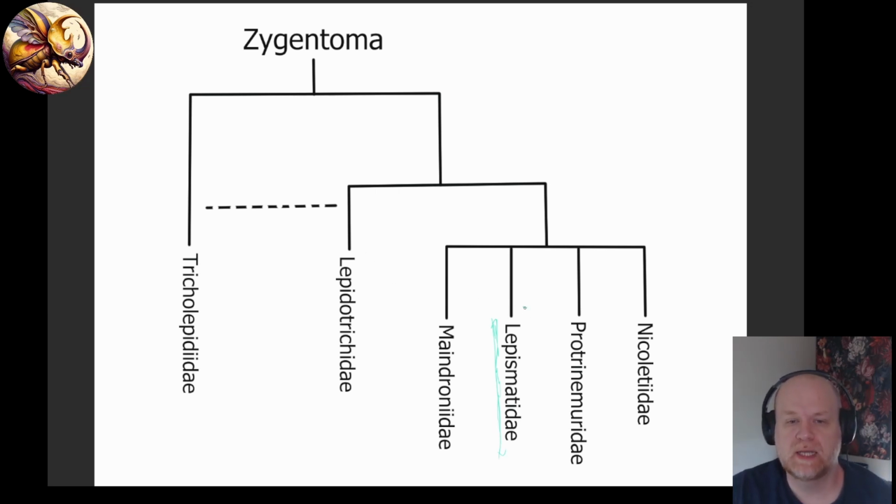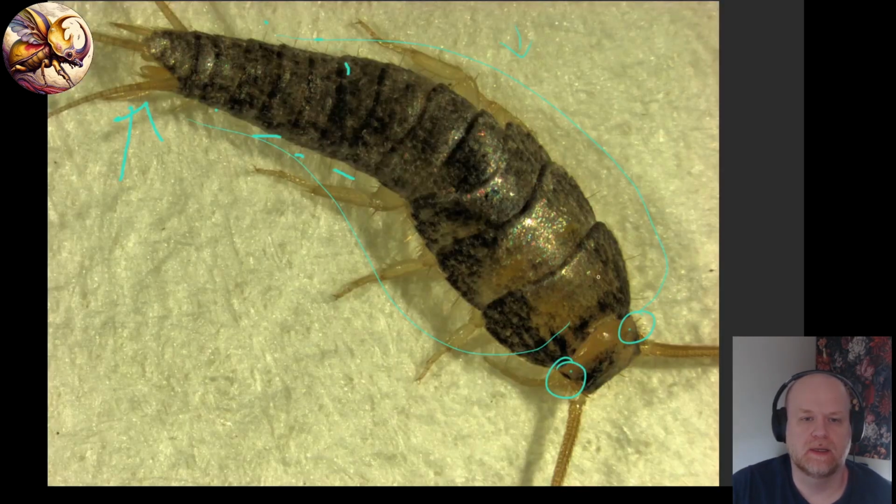These are the most widespread group of Zygentoma. These are the silverfish and the firebrats, which will frequently infest homes, which is where they're usually seen. And the silverfish have kind of a gleaming, silvery color. Some of them are extremely silver.